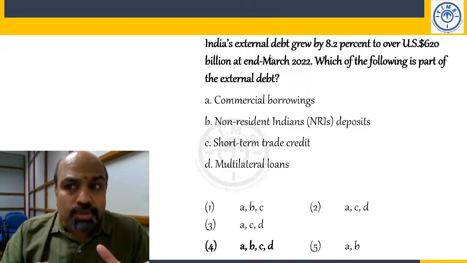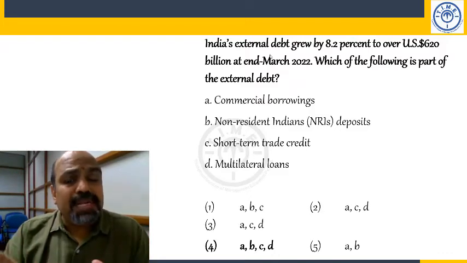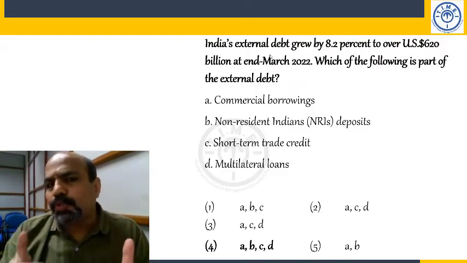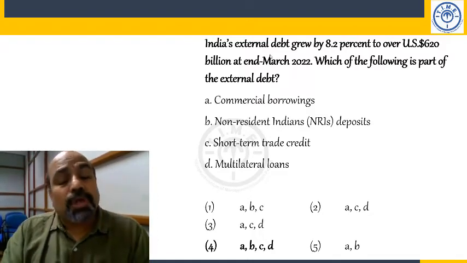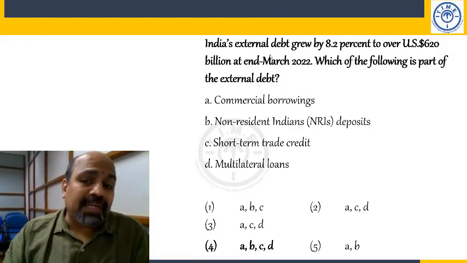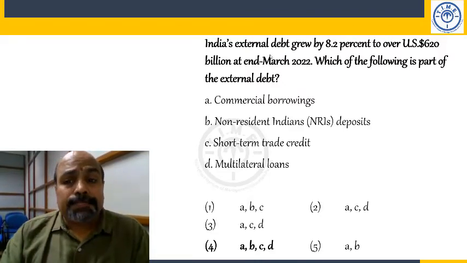Now, how much do we owe? $620 billion. That's a tad under 20% of our GDP, which is not a worrying factor. I'm going to give you some dope on this. Please write as much as you can.